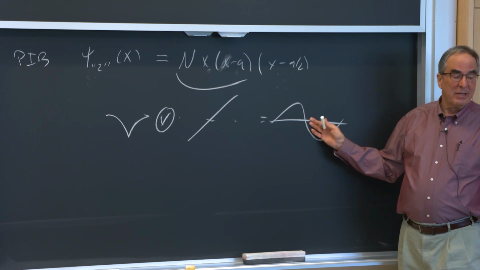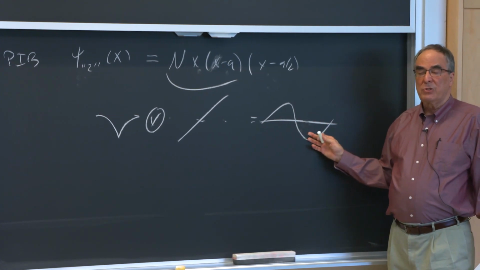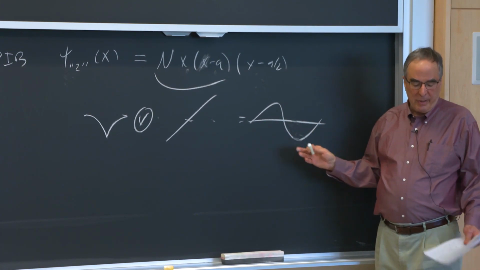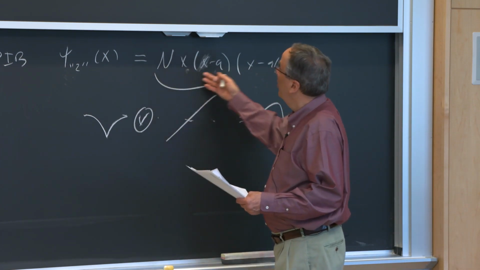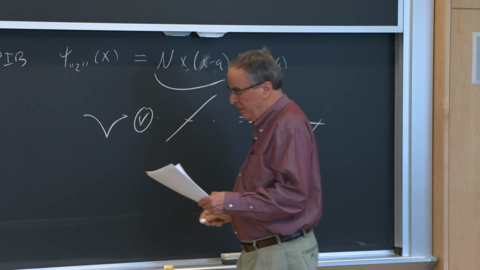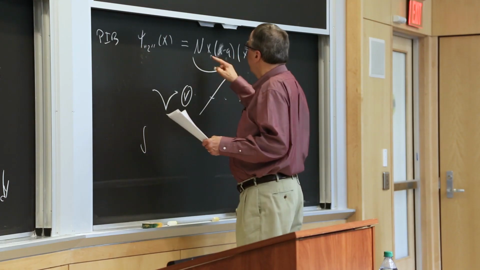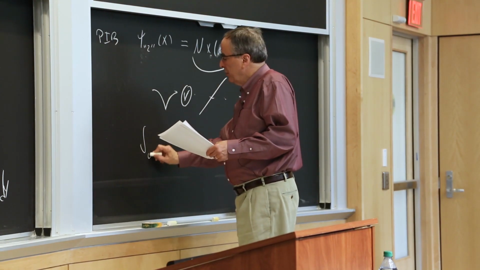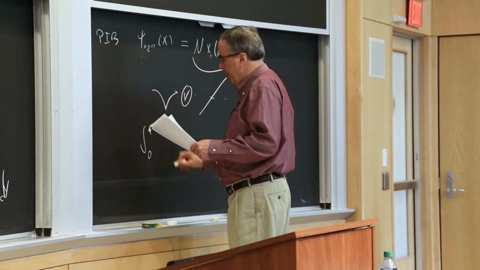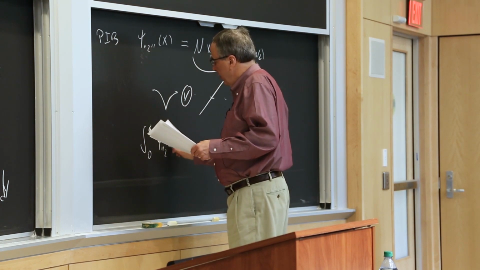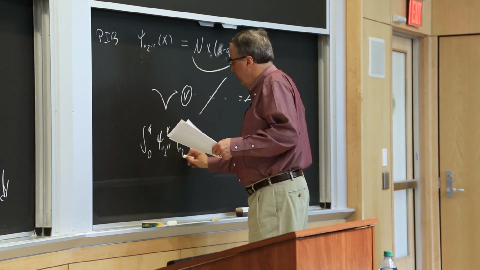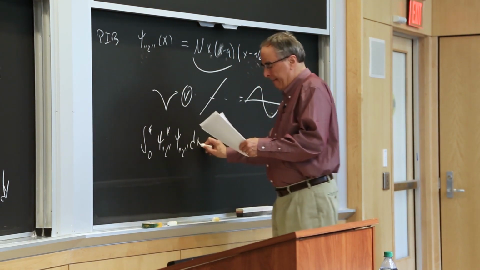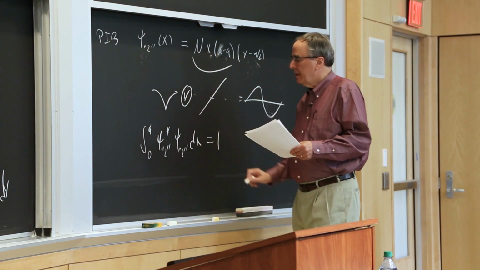It looks like the n equals 2 eigenfunction of the particle in a box. So let's just go through and see how well we can do. First of all, we have to determine N. So we do the normalization integral. Psi 2 star psi 2 dx. That has to be 1.